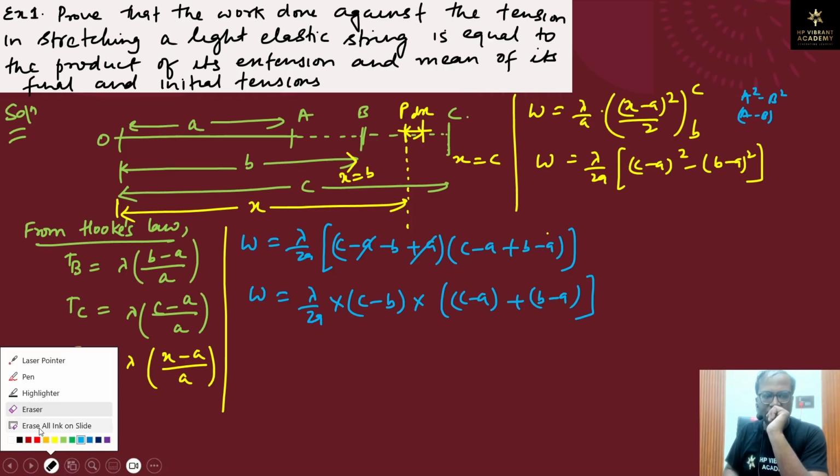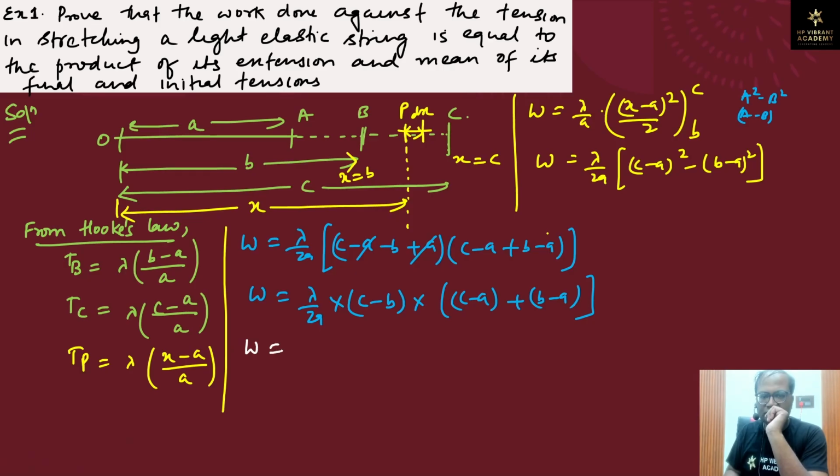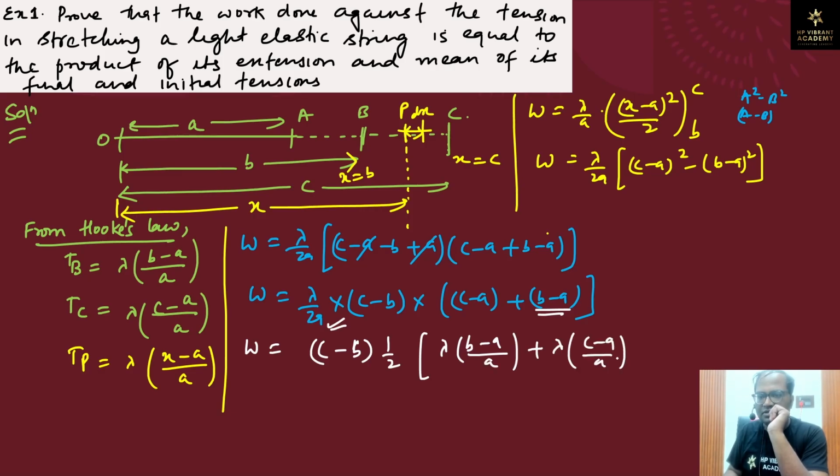Okay, so let us further simplify this. So we have work done is equal to (c minus b) into half. We have lambda. Let us take this term, (b minus a) upon a, plus lambda (c minus a) upon a. So this is our tension at B, and tension at B is the initial tension, and tension at C is the final tension.